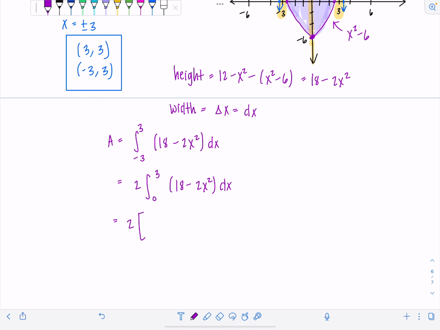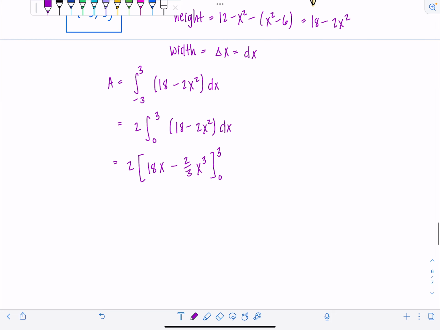Okay, and then, let's see, don't you love having 0 as a lower limit? 2, just keep the 2 outside. Antiderivative of 18 is 18x minus, this is going to be 2/3 x cubed from 0 to 3. And then let's substitute in 3 for x. So 2 times, this is 18 times 3, that's 54, minus 2/3 times 3 cubed is 27, minus 0.